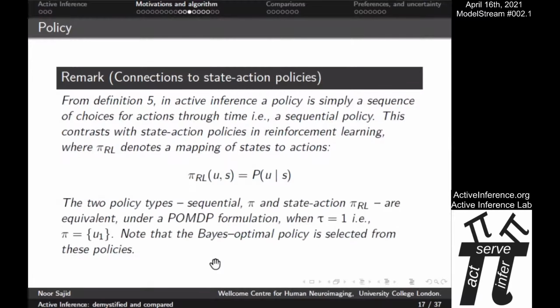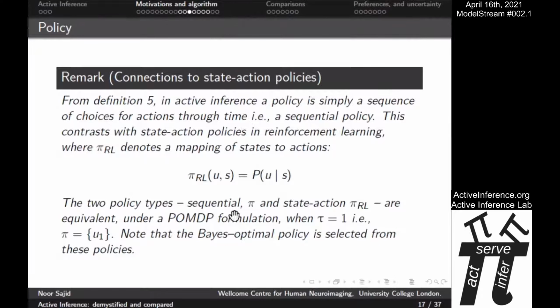Okay, cool. I also wanted to highlight that this definition of policy is quite distinct to how it's considered in RL, where policy means state-action policies. As I just mentioned, in active inference a policy is simply a sequence of choices for actions through time. That is a sequential policy. This is different to a state-action policy in reinforcement learning, which is a mapping of states to actions.